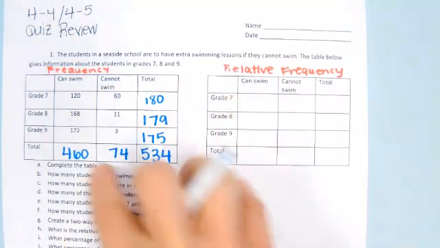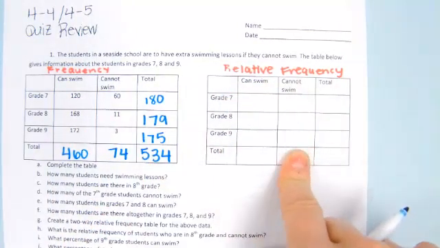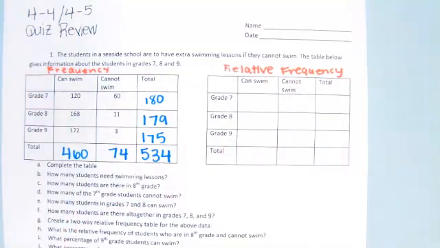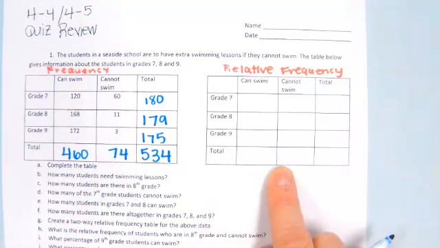So this is how you fill out a frequency table. Now we're going to fill out a relative frequency table. First of all, what is the difference between a frequency table and a relative frequency table? Go, Connor. The frequency is different than the relative because the relative is the percentages. Correct. And the frequency is just the numbers of people.